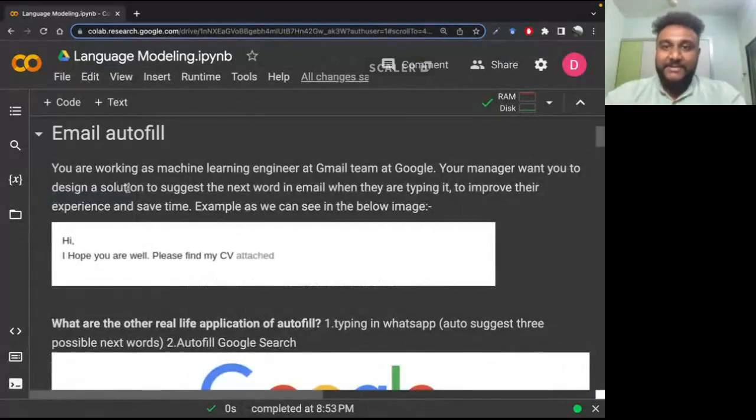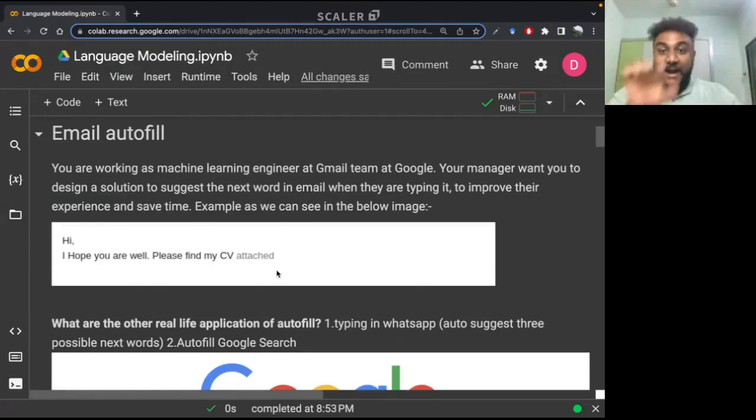Imagine that you're working as a machine learning engineer at Google, specifically Gmail. You have to design a product which basically allows you to predict what is the next word. Have you encountered this feature in Google, when you're typing an email? It will actually suggest some word to you.